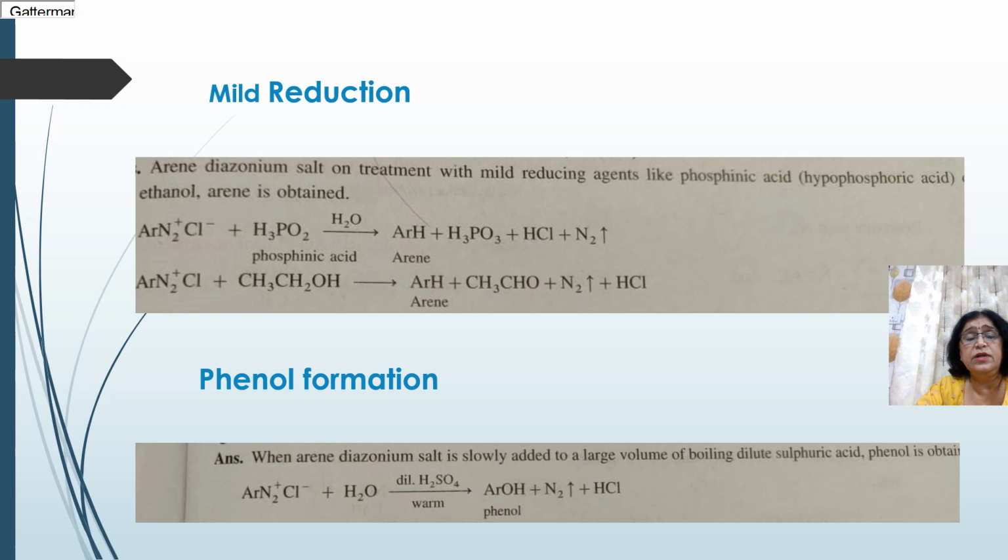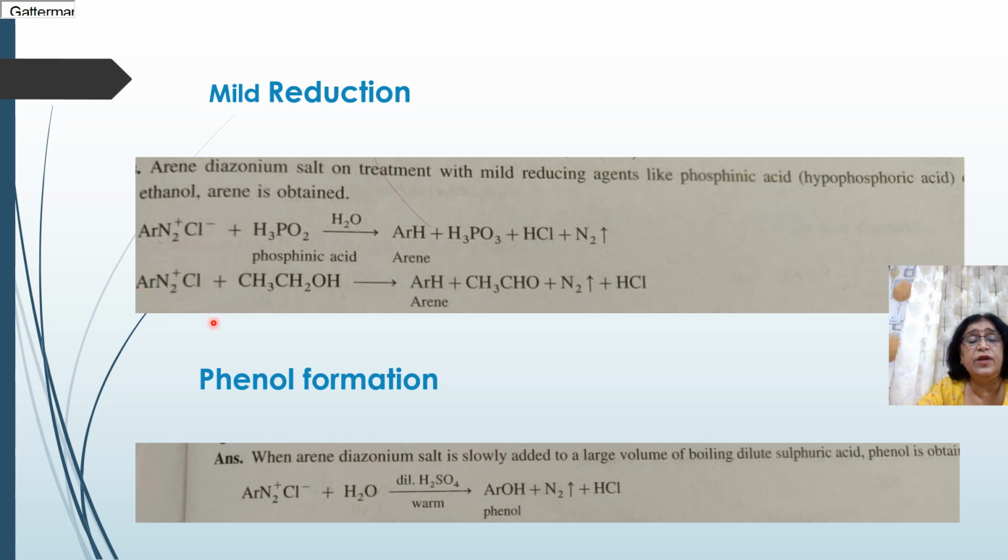So see how the diazonium chloride reacts with different compounds. When diazonium chloride is treated with hypophosphorous acid in the presence of water, which is a mild reducing agent, it forms arene plus phosphorus acid plus HCl, and nitrogen is given out. In all the reactions, nitrogen is given out.